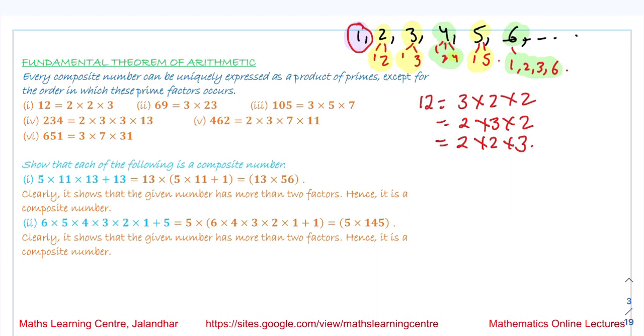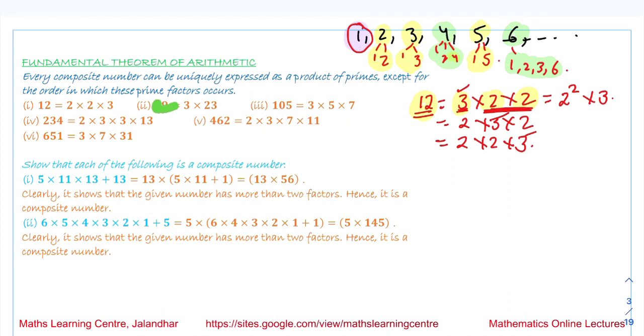So what this theorem is saying is that 12 can be written as 2 raised to the power 2 into 3, a product of prime numbers. Order of these prime numbers means whether 3 is written here, here or here; we are not looking at how these numbers are arranged, but the numbers are unique. If I am writing 12 as the product of primes, then the 3 numbers I have are 3, 2 and 2.